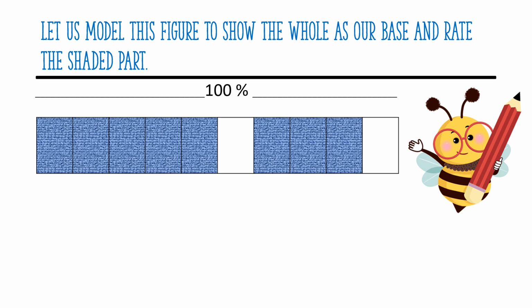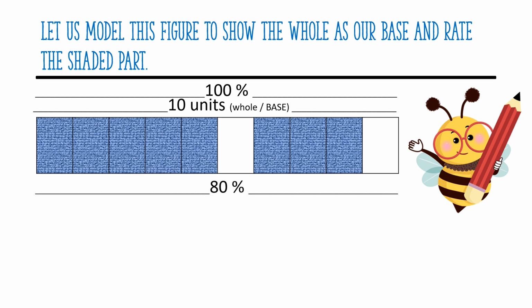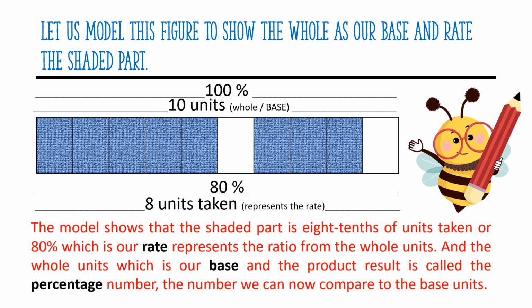The 10 tiles as a whole will be our base, and the 80%, which is the shaded part or the 8 units taken, represents the rate. The model shows that the shaded part is 8/10 of the units taken, or 80%, which is our rate, and it represents the ratio from the whole units.